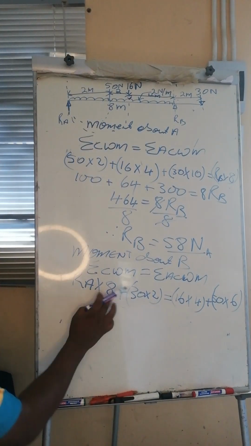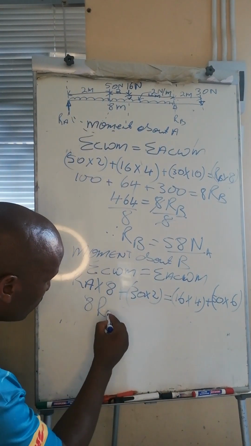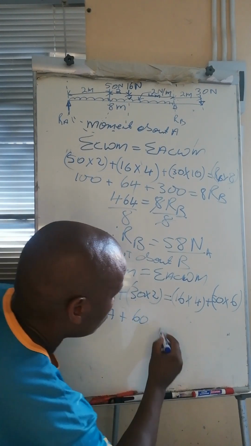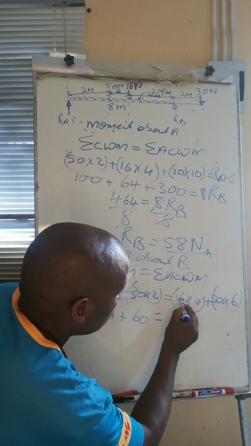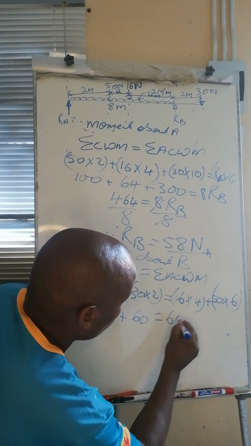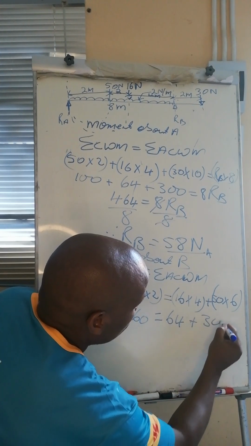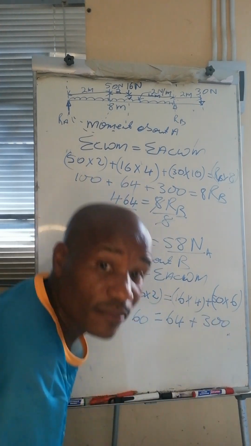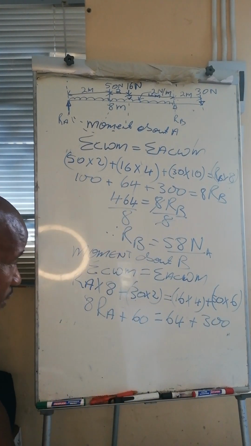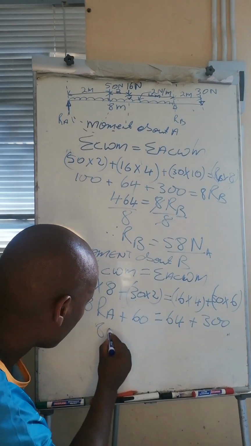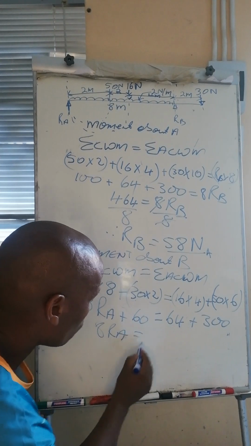And then RA times 8 plus 30 times 2, which is 60, is equal to 16 times 4, which is 64, plus 50 times 6, which is 300. Very, very important. Now 8 RA is equal to what?